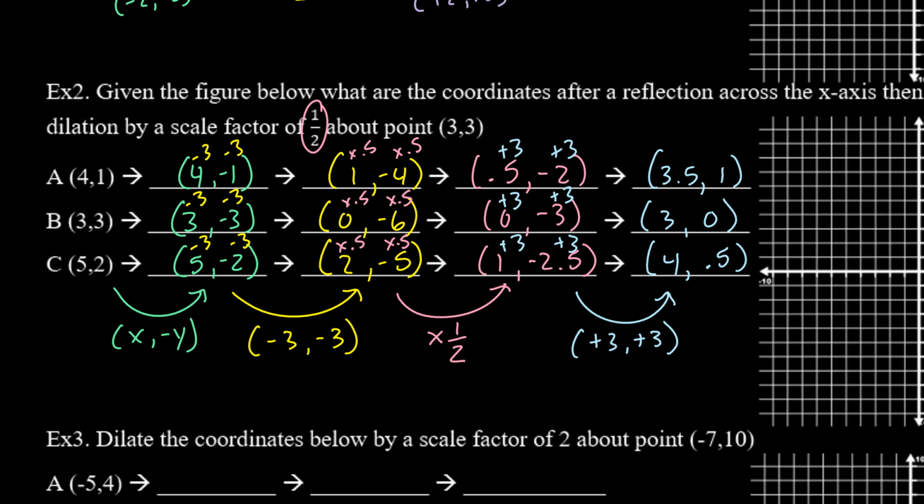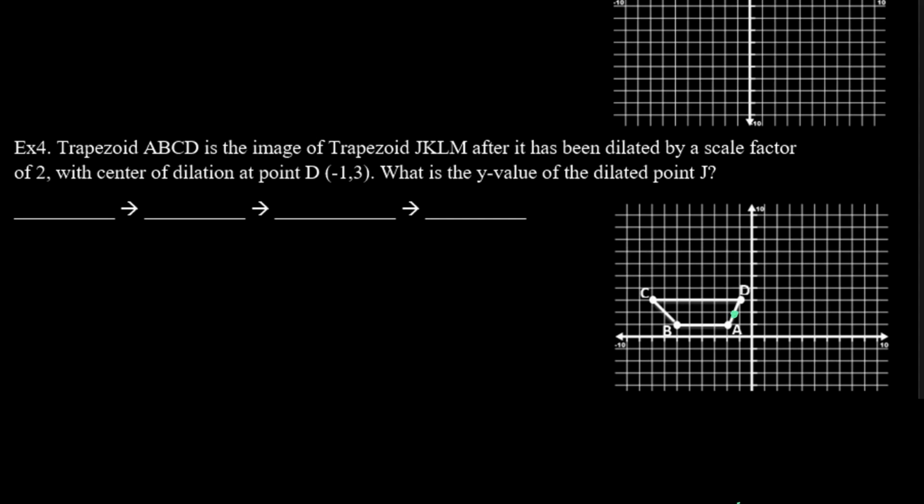Any questions on this process? Okay, then you guys do example 3. Number 4. What is tricky about this problem, those of you that tried to read ahead? It's already been dilated, right?